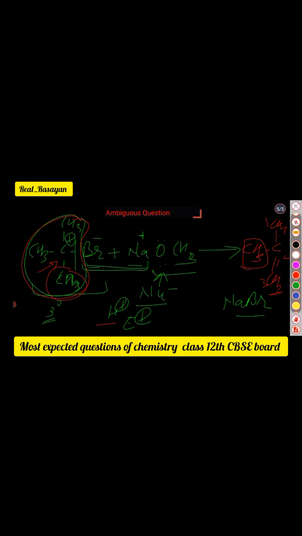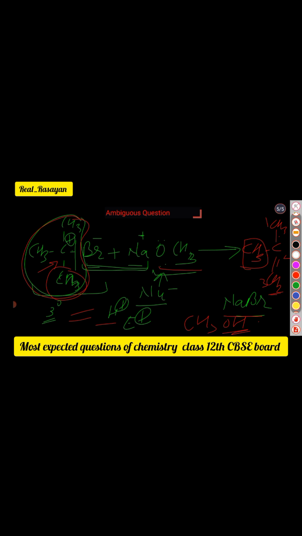This is 2-methyl propene, along with NaBr as well as CH3OH. This is the most important reaction.